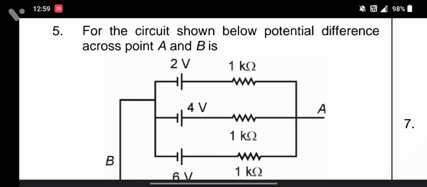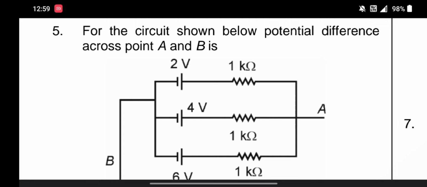In question number 5, here they have shown a circuit, and they are asking what is the potential difference across points A and B. In this circuit you can see they have 3 batteries and 3 resistors, which are the same, 1 kilo ohms.